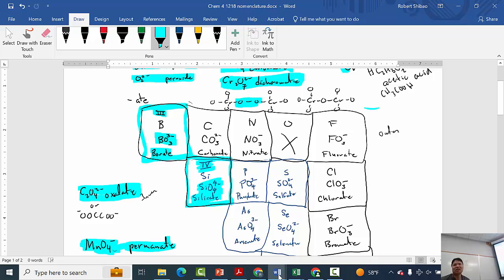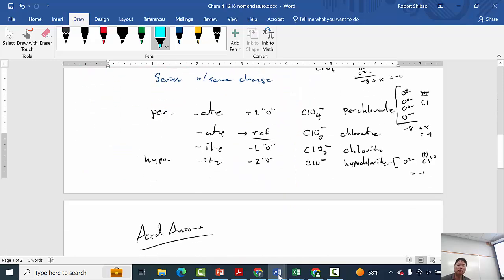Chapter 6. Nomenclature is in chapter 6. So why am I jumping so far ahead? Because if I cover it in chapter 6 and then I test you on exam 2, most people don't do very well. But if I cover it now and then by the time exam 2 comes, they're okay. I think this will be on exam 2, not exam 1. I'll have to look again. Maybe it's exam 1.